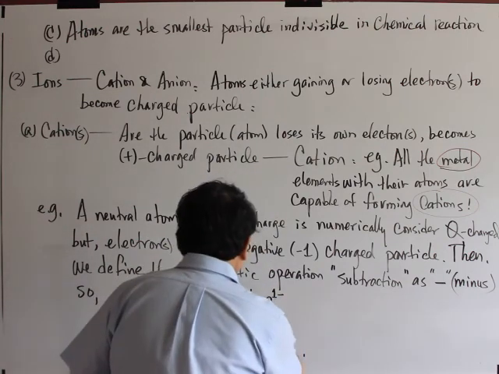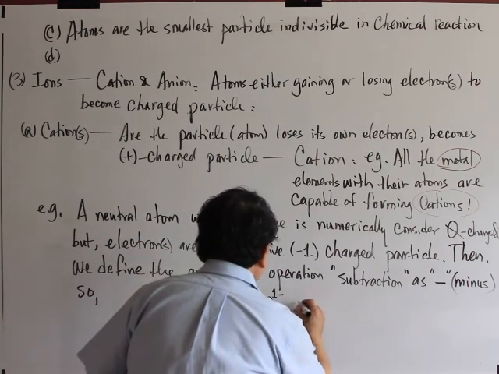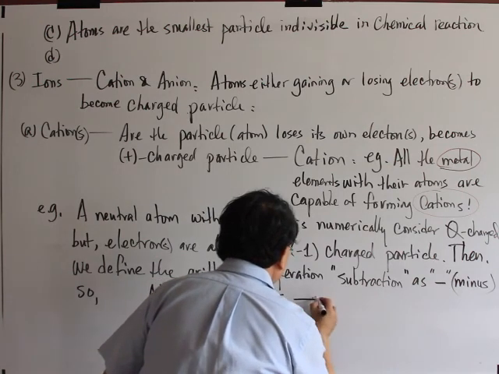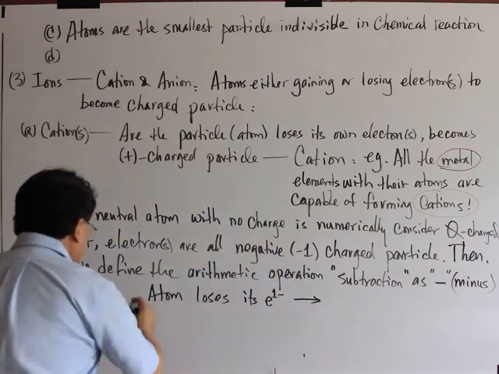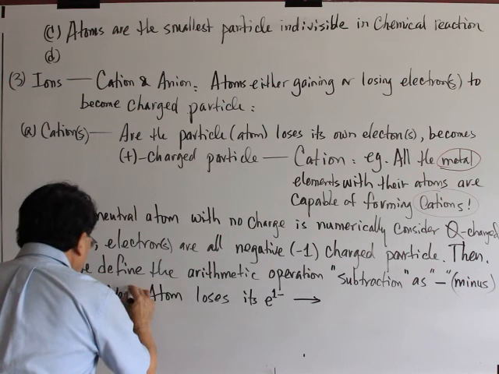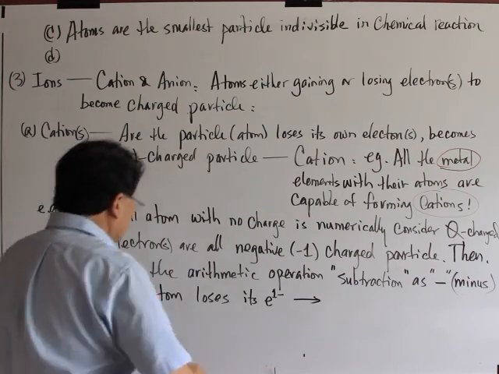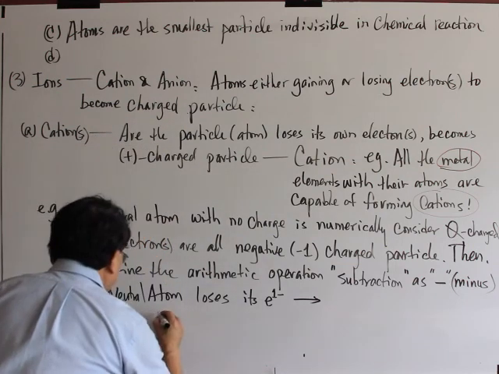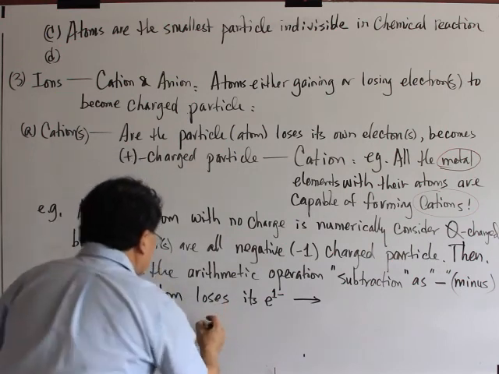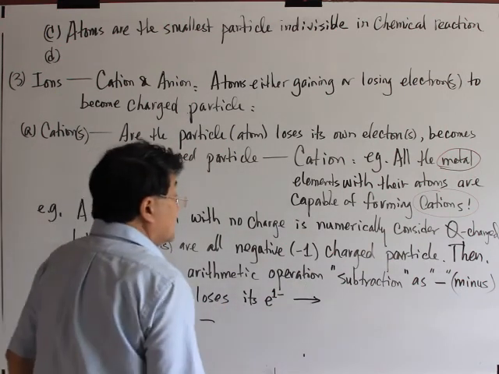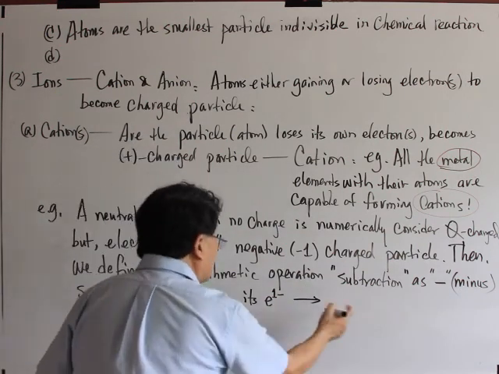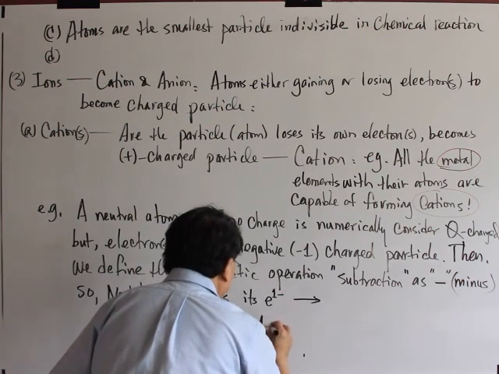And then it loses an electron, and then gives you what? So this is neutral. A neutral atom loses an electron. Neutral atoms are considered zero, losing is considered minus, which is subtract. And the electron is what? The electron is negative 1, right?